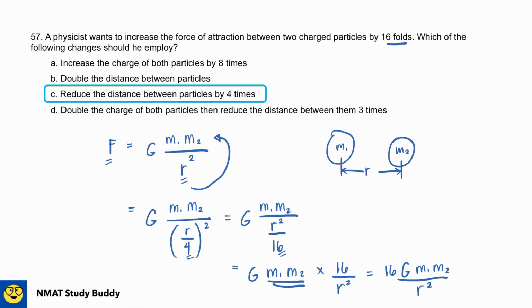As you can see here, the force of attraction increased 16-fold. But what did we do to increase the force of attraction? We reduced the distance between the centers of masses by 4. So, the correct answer here is letter C.